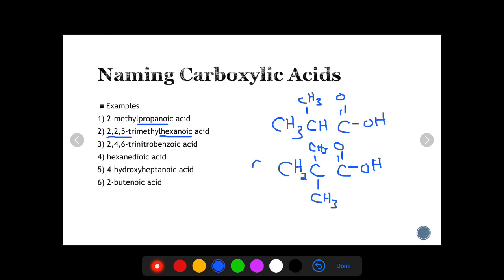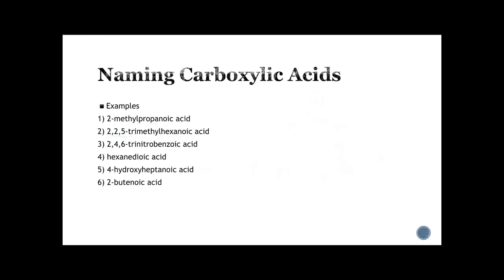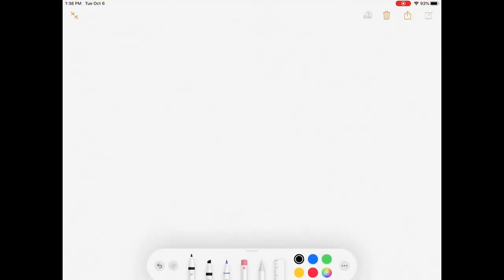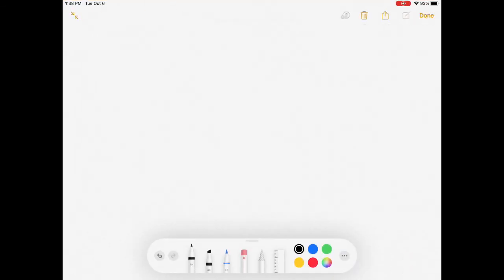Okay, and then we have carbon 3, carbon 4, and then carbon 5 has a methyl group. And then our last carbon on the end. So 1, 2, 3, 4, 5, 6. And you can do the line structures as well. I'm just for some reason doing condensed formulas.